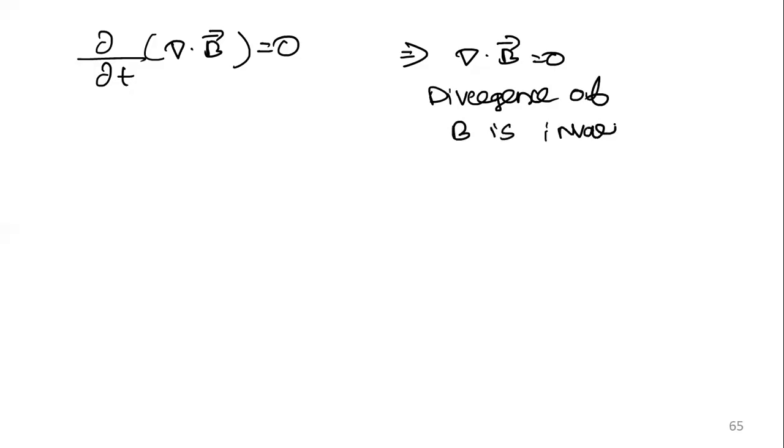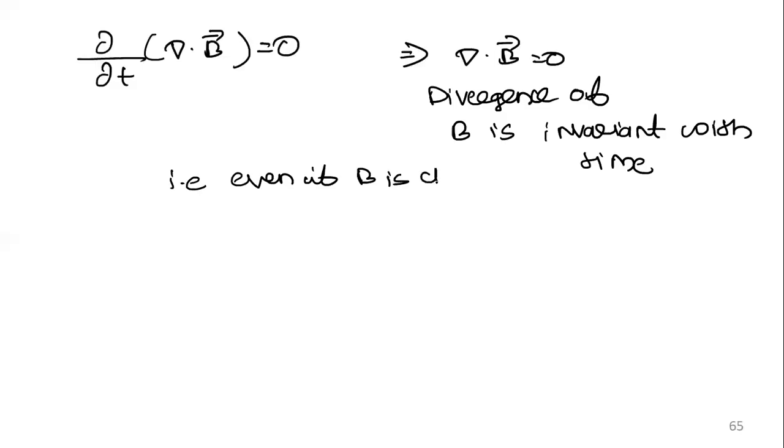So what is B, what is H and all you should know. I'm not going to repeat every time. So divergence of B is invariant with time. That is, even if B is changed, del dot B is equal to 0.